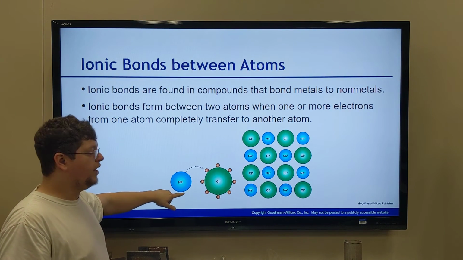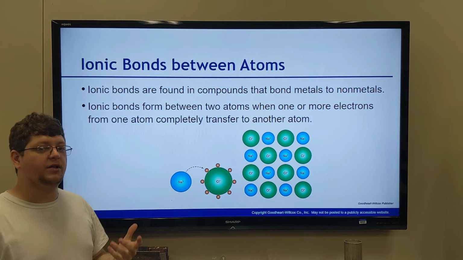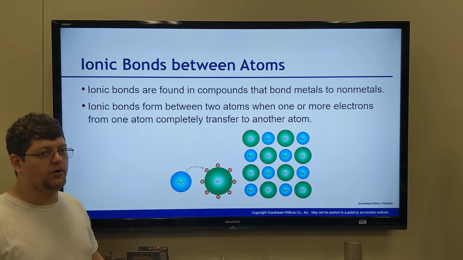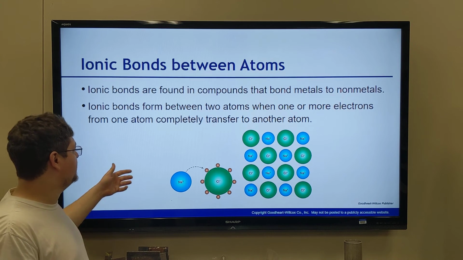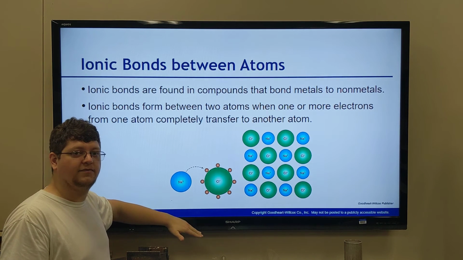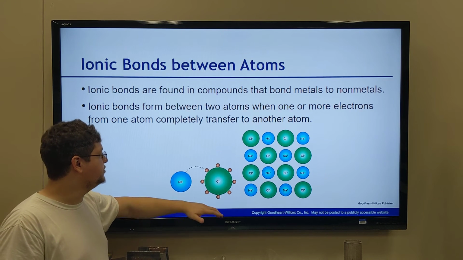Once it lost that one electron, what happened is now it has more protons than it does electrons. Because it lost that negative charge, now it has more of a positive charge, making it positively charged.